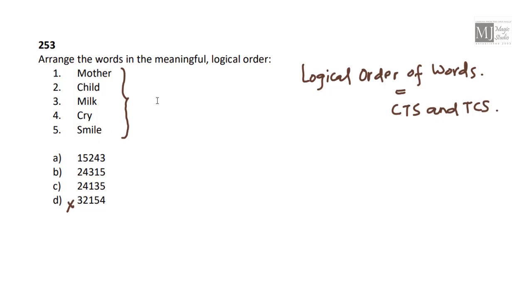And I think the story should move like child is crying, then mother offers milk, and then both are smiling. Let us read this again. Child is crying, mother offers milk, and then both of them are smiling.